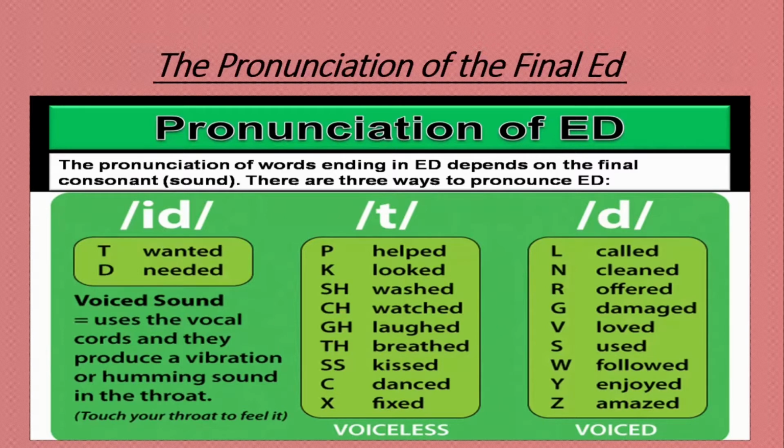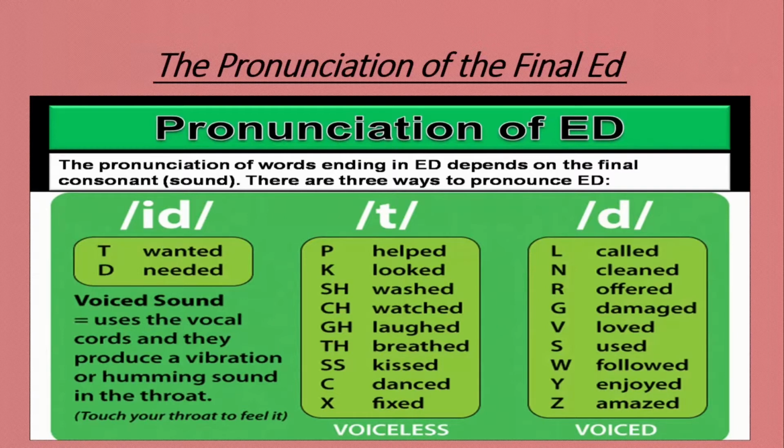K, that is the letter K. Sh, that is the letters SH. Ch, that is the letters CH. F, letters GH, letters PH, and TH. S, letters double S. And X, that is the letter X. So you have P, helped; K, looked; Sh, washed; Ch, watched; F, left; S, kissed; X, fixed, and others.